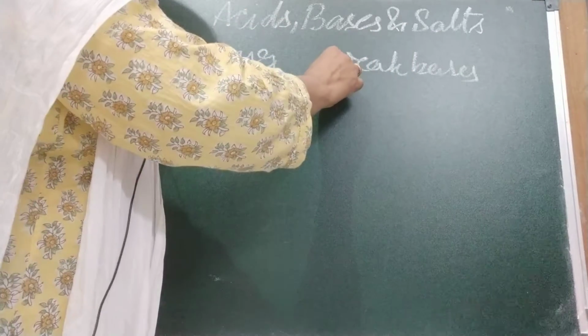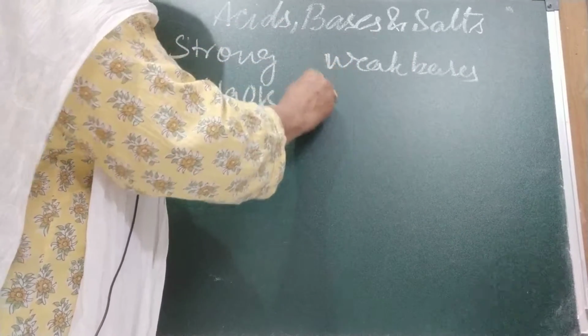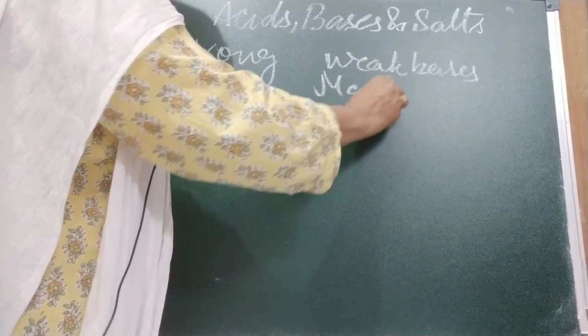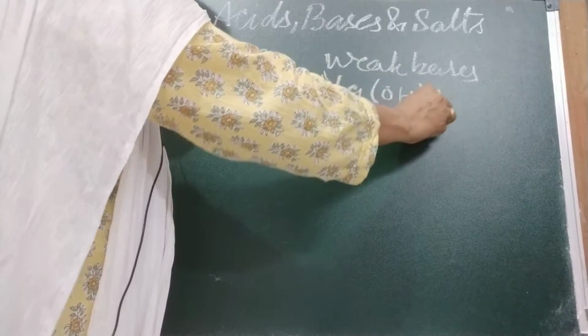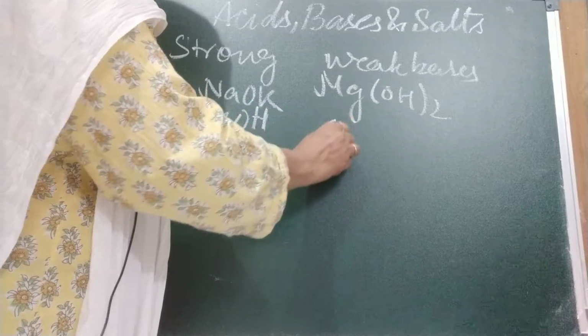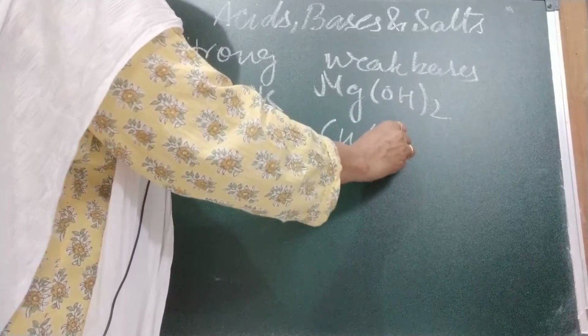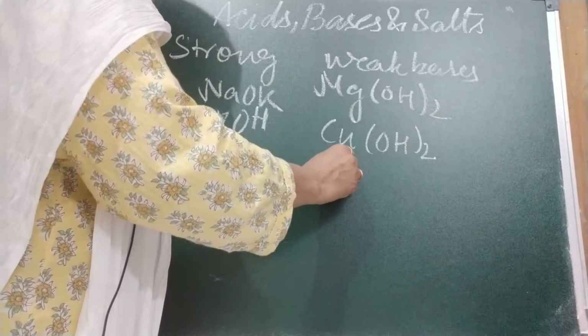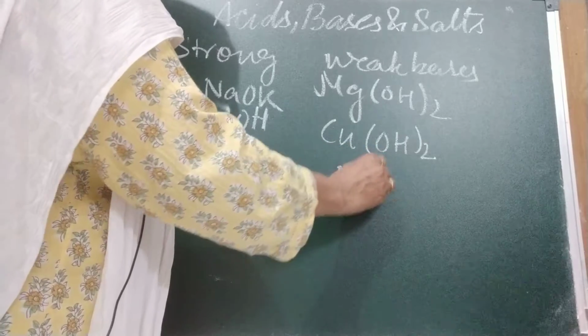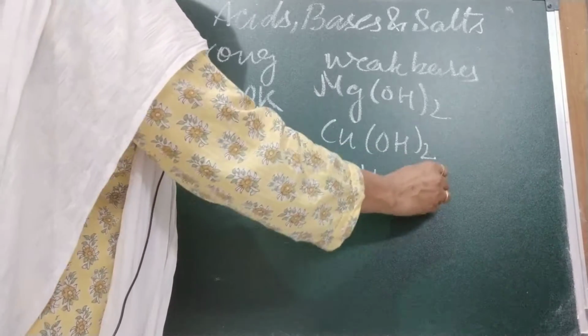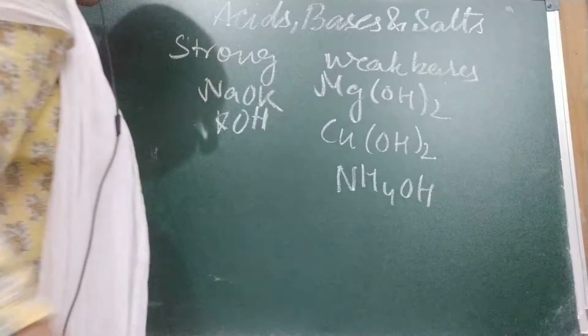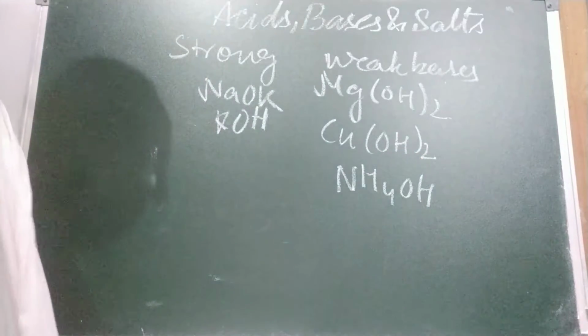Weak bases: magnesium hydroxide, copper hydroxide, and ammonium hydroxide. All these are what? Weak bases. Now properties of bases.